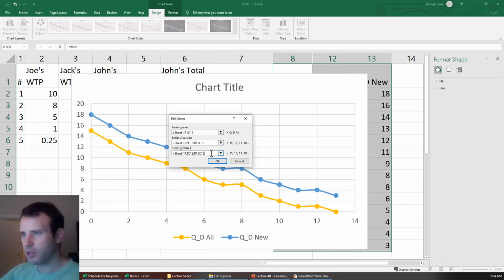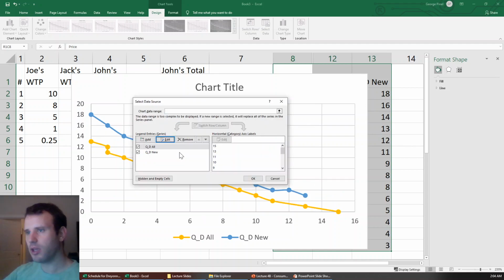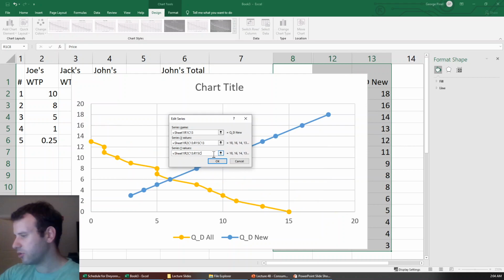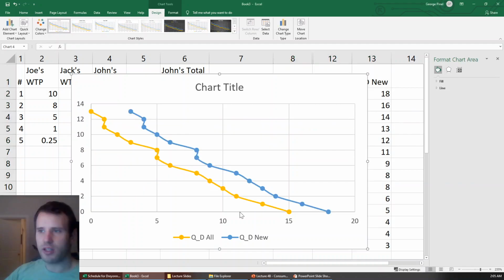So I want this to be 8. And I want to do the same here. On the x-axis, this should be 13. This should be 13. I'm not done. Sorry. And this should be 8. And this should be 8. Okay. Now look at this guy.